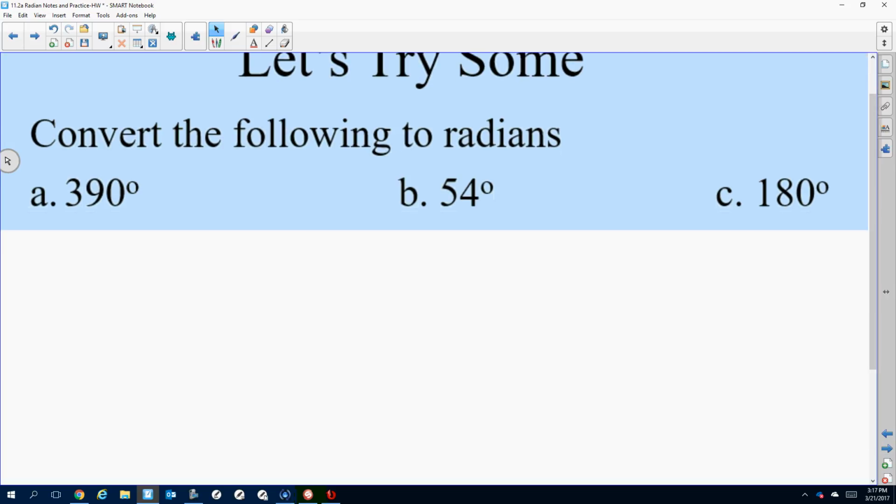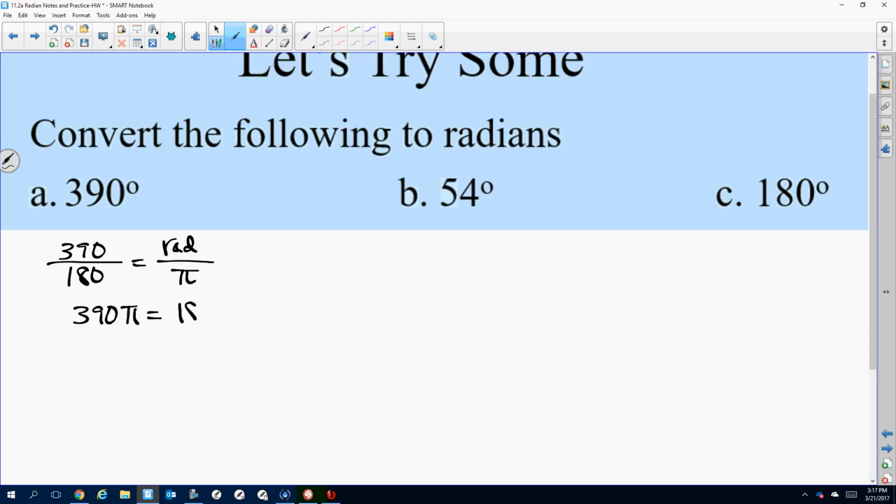Because you can have 390. So, let's do this. Use our proportion. We have 390, the degrees, over 180 equals our radians. I'm going to do rad for radians, over pi. There we go, because 1 radian is going to represent a pi. All right, now we cross multiply. We get 390 pi equals 180 radians.